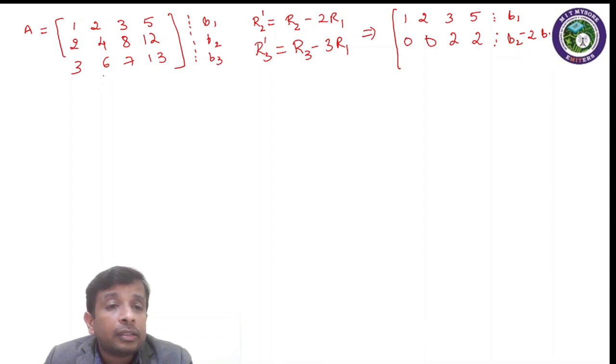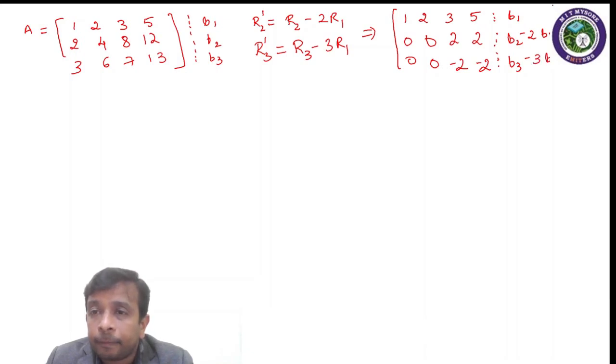Right, now it is R3 minus 3R1: 3 minus 3 is 0, 6 minus 6 is 0, and 7 minus 9 is minus 2, and 13 minus 15 is minus 2. So here again R3 minus 3R1, that is b3 minus 3b1, right?